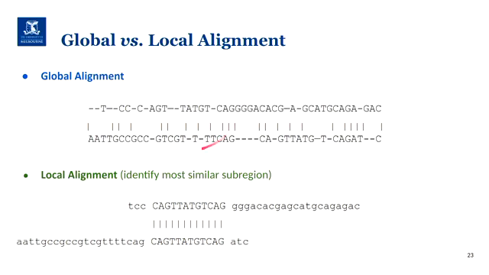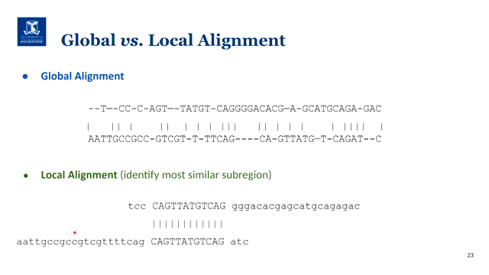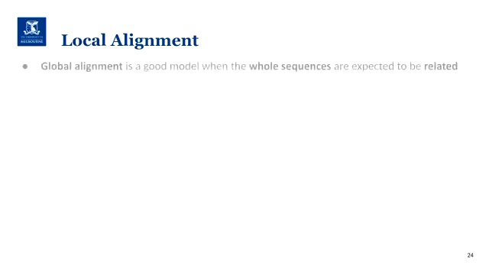While with local alignments, we want to identify the most similar subregion. We don't care if we have different lengths, or if only one portion is conserved. That's the main goal for local alignment. And global alignment is a very good method, of course, when the whole sequence is expected to be related.